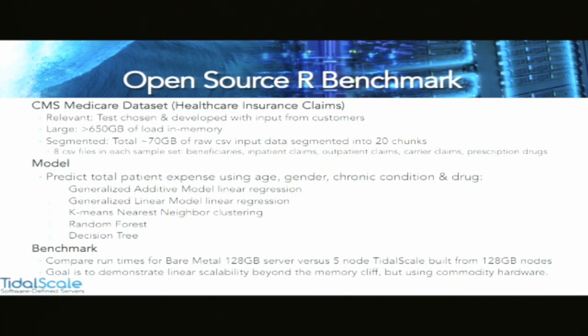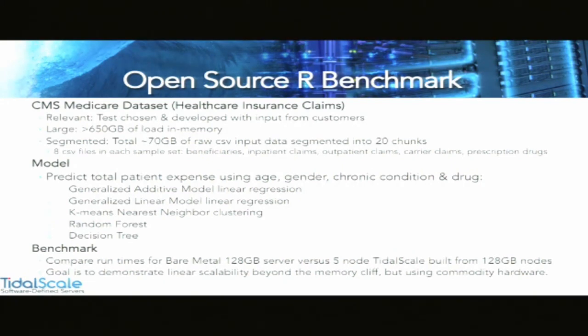But we wrote a benchmark, and we used the health insurance claim data set from the Medicare services site. They can go up to 680 gig, that data set. It's trying to solve the problem of how you process insurance claims. That was the customer use case that we're representing here.